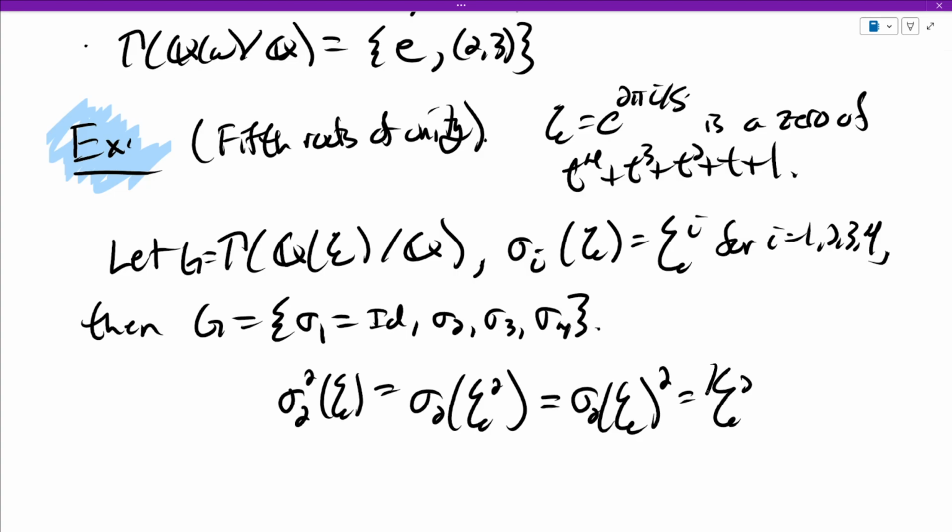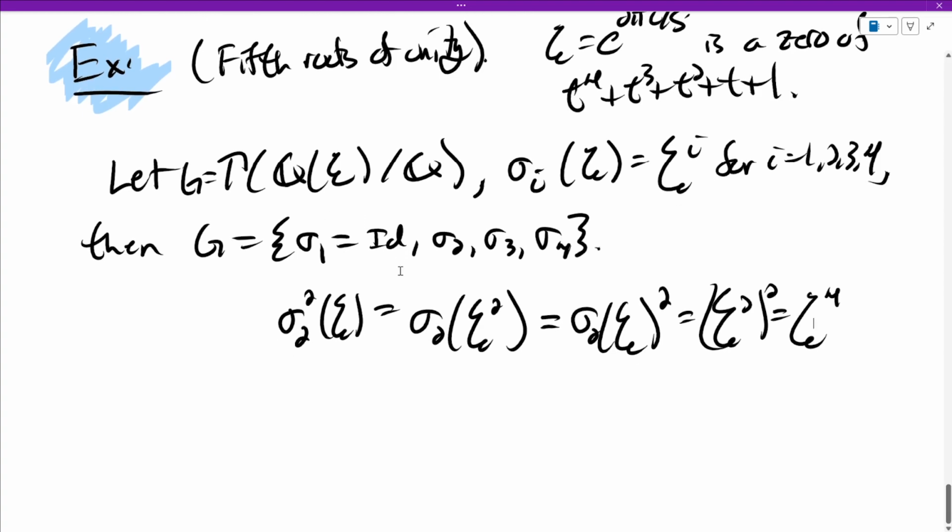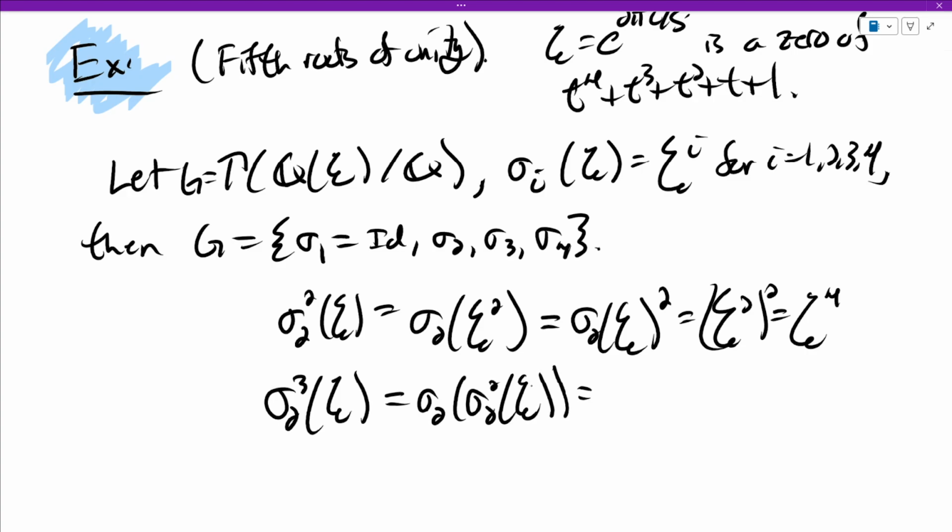So that's going to go to zeta squared squared, which is zeta to the fourth. Okay, great. Let's do sigma 2 three times now. Well, I already know what happens when we do it twice. We got zeta to the fourth.